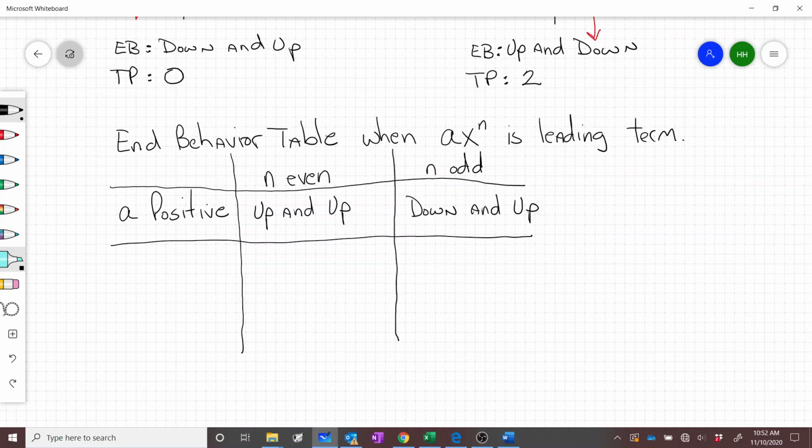If your a is negative and your exponent's even, we go down and down. And if your a is negative but your exponent is odd, then our end behavior is up and down.